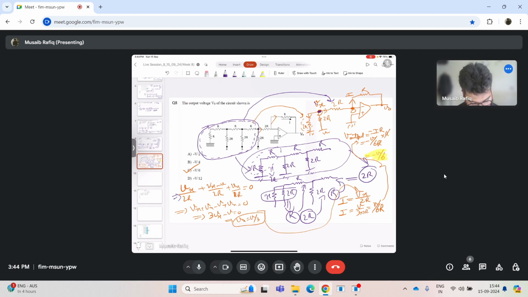Then the current flowing through here, that is Vx by 2R, is also flowing through here. So I is equal to (V by 3) into 2R, that is V by 6R, right? And then plug this value of I here. So V output is equal to minus IR. So it's V by 6R times R. So it's minus V by 6. That is option C.